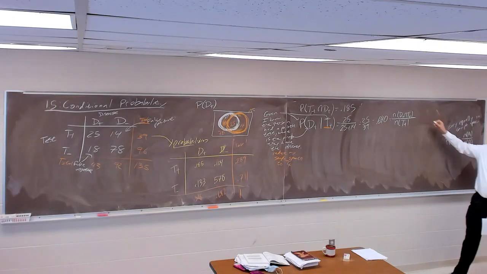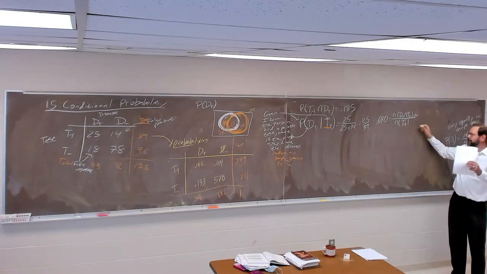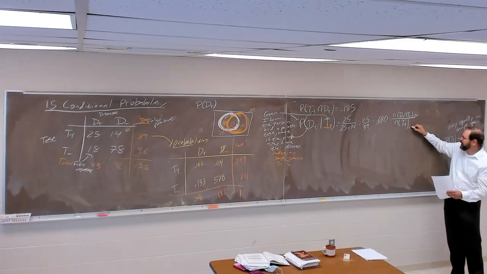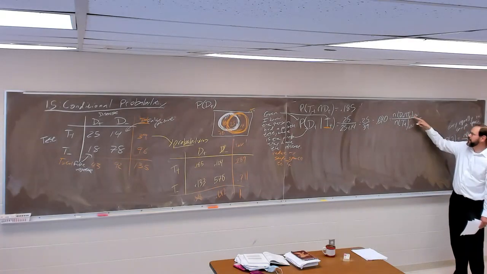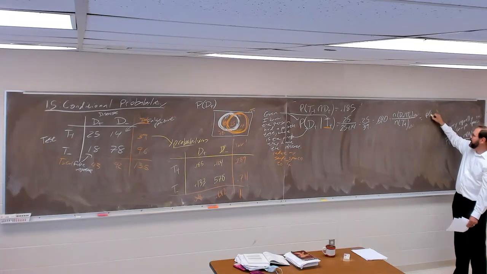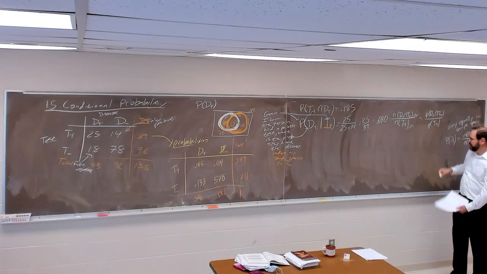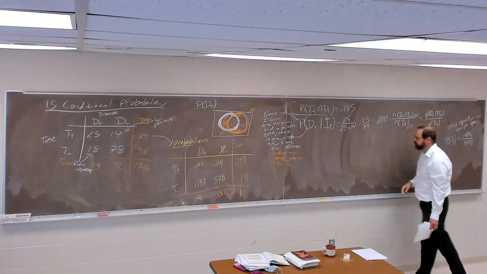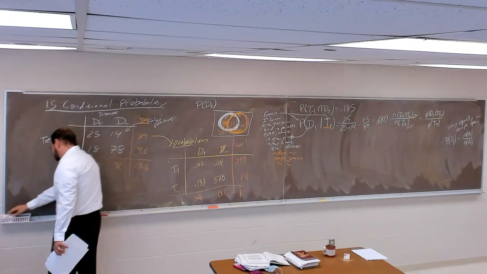And by the way, I could divide by the number of things in the big sample space here if I really wanted to, which would tell me the probability of D plus intersect T plus divided by the probability of T plus would be a way to calculate it.